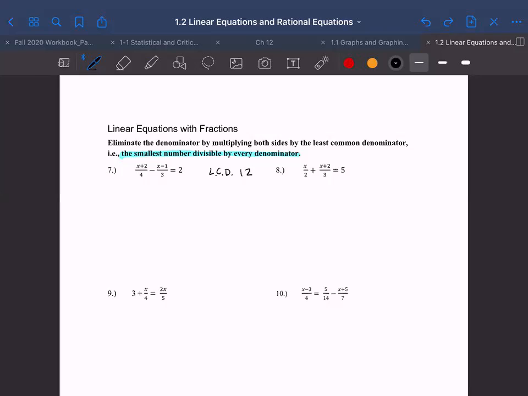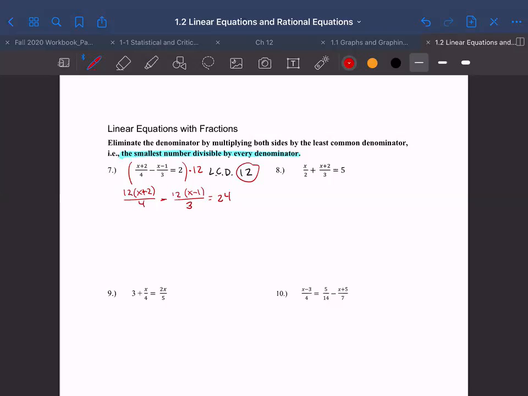So since that's our least common denominator, we're going to take that 12 and multiply everything by it. So we end up with 12 times (x plus 2 over 4) minus 12 times (x minus 1 over 3) equals 12 times 2, which is 24.